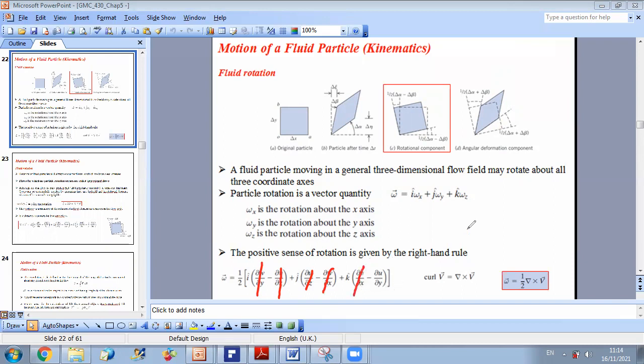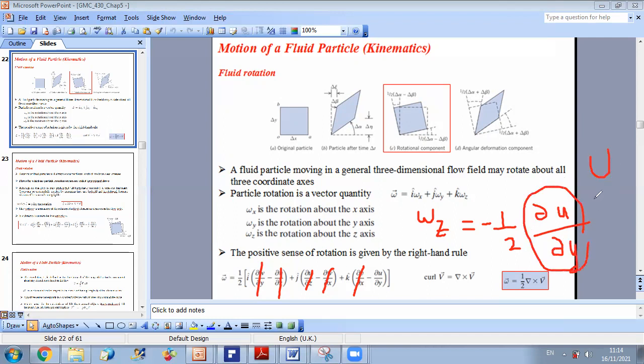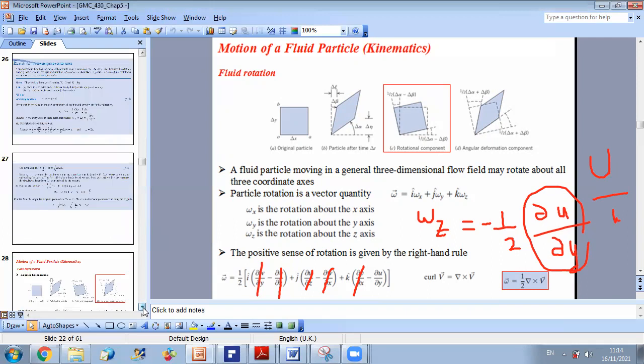So you'll end up only with omega along Z, which is equal to minus half del U by del Y. Okay, so now you just have to replace del U by del Y for this problem by U over H, and you will get your angular velocity.